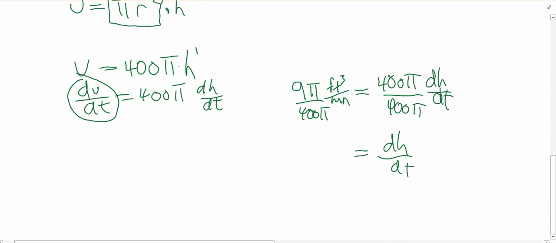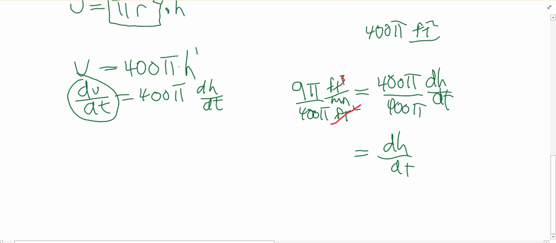we're dividing by this 400 pi, but the units here on 400 pi, that's the area, right? Which is square feet. So if we divide that out by 400 pi square feet, that's going to cancel two of these.